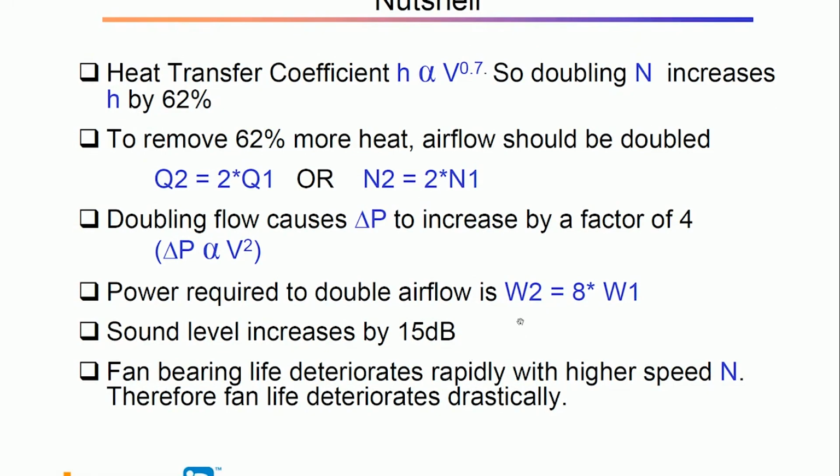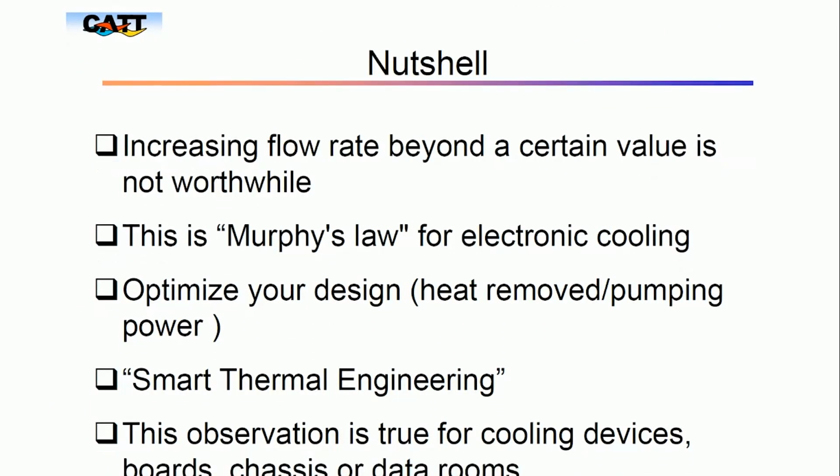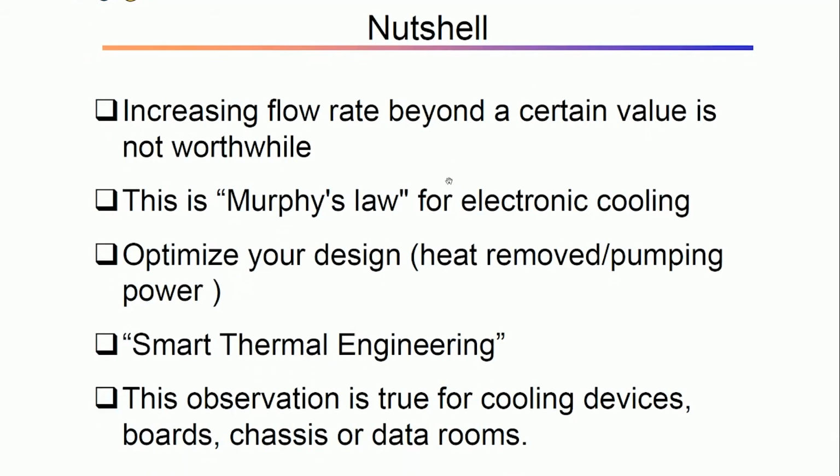we forget, the fan itself deteriorates drastically. So, it is not just enough to add a fan, we have a problem, you can just marginally increase the speed also, it is not constant. This is where people who have that experience have said, okay, increasing flow rate beyond a certain value is not worthwhile.